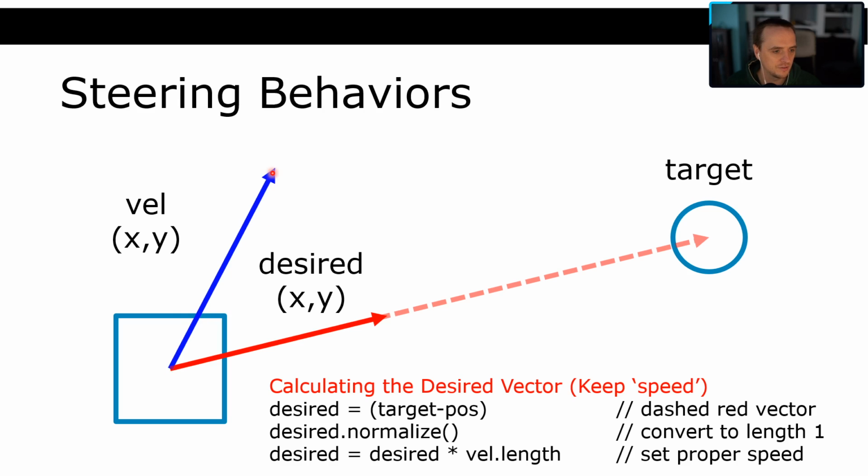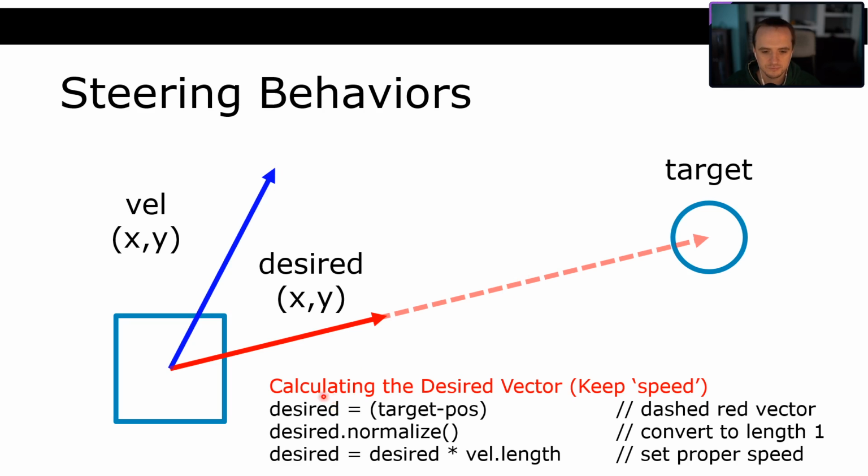Okay, so let's calculate this desired velocity, keeping the same speed, or the magnitude, of our current velocity. All right, so our velocity right here is this xy vector. The length of that vector is our speed. Remember, the length of the velocity is our speed. So we have a direction, we have a target position, we have our current position, and we want to compute the desired velocity, which is the vector pointing toward the target, with the same magnitude or speed as our current velocity.